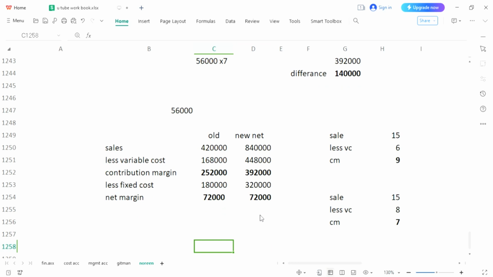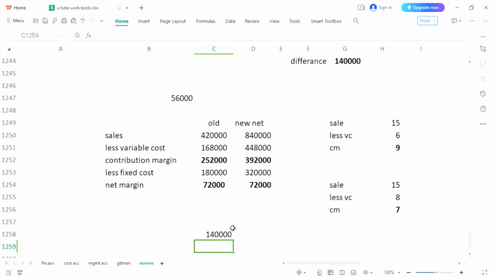Old fixed cost would be subtracted from the new. Here was your new fixed cost, and you will subtract your old fixed cost. Why? You want to see the advertisement expenses, meaning fixed cost. How much would fixed cost be increased? This was our question, and we pre-decided it should be 140,000. So the difference between these amounts should be equal to 140,000.